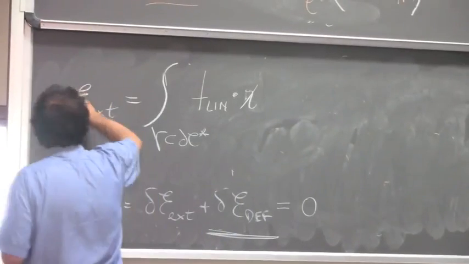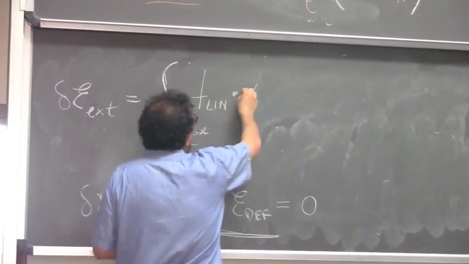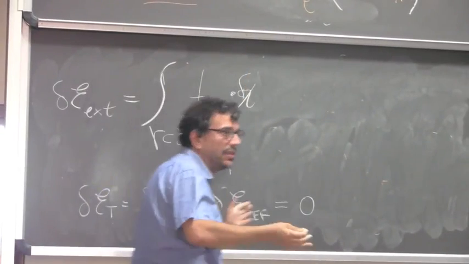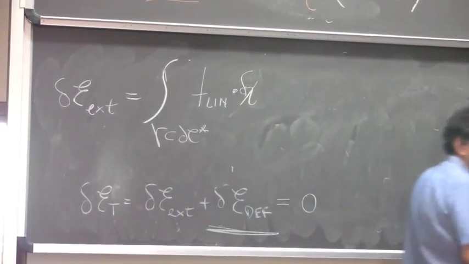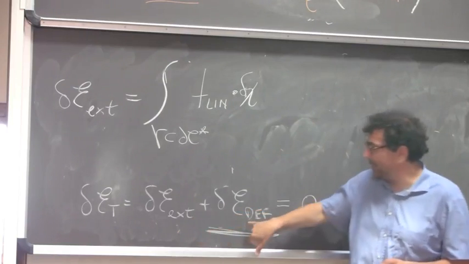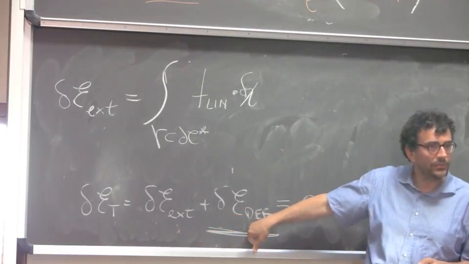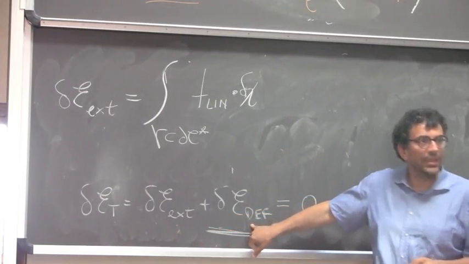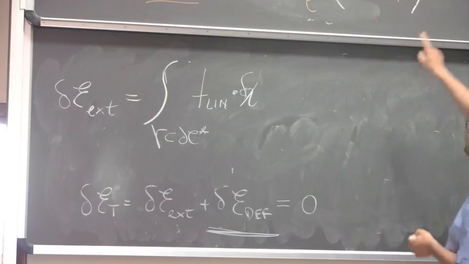I calculate the first variation of these, and you get obviously this. It is linear. Okay? Then you add delta deformation. Delta deformation is what?